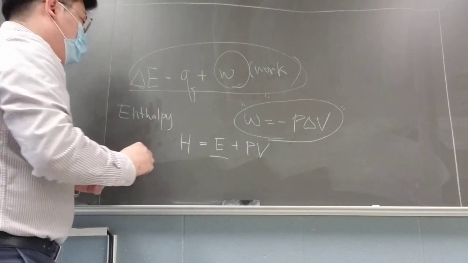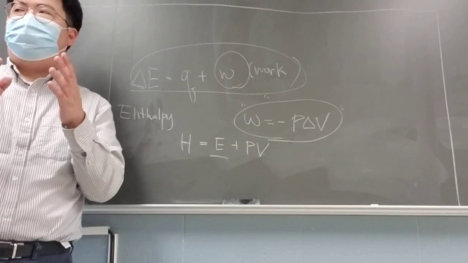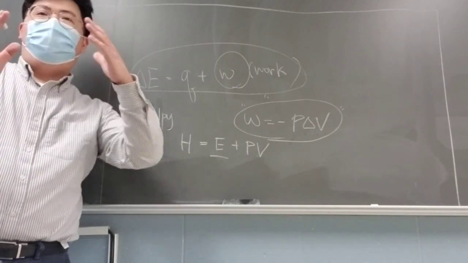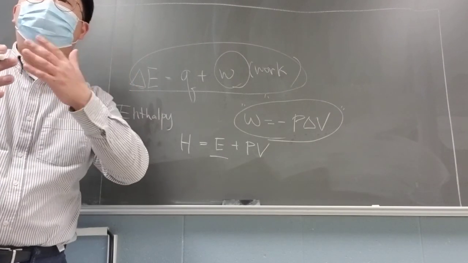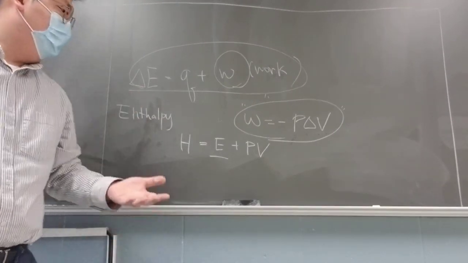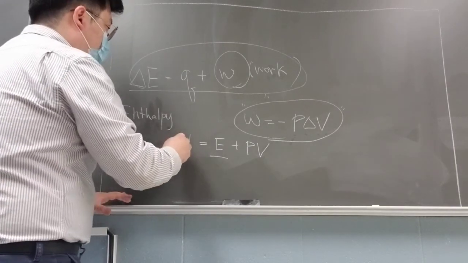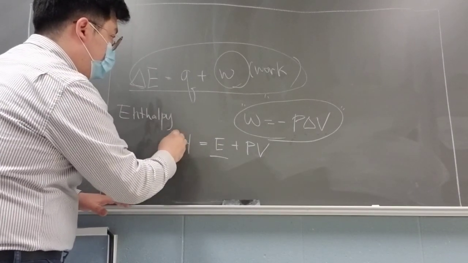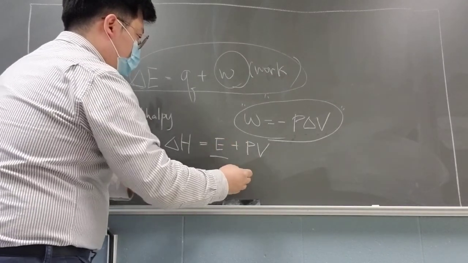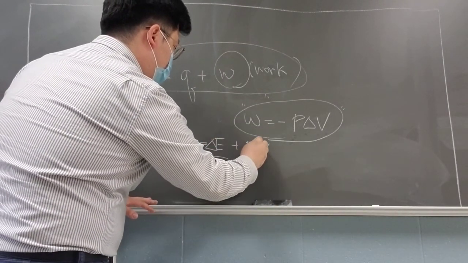Okay. So in this case, I don't know if you guys remember this. Enthalpy or internal energy itself is really hard to estimate because of its nature. But it's always easier to get the change in something.